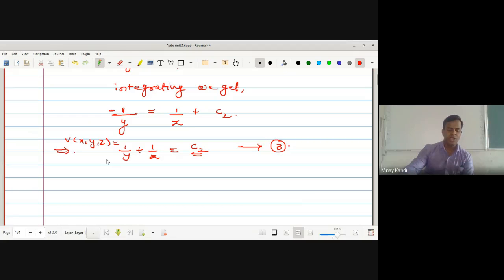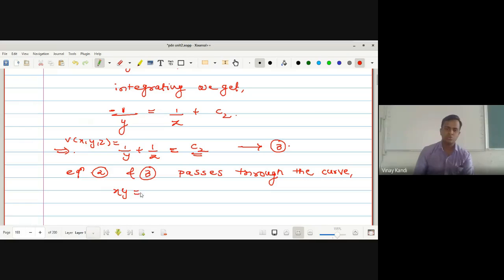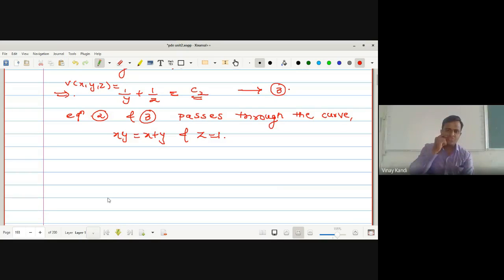Now equation 2 and equation 3 pass through the given curve. Which curve? xy is equal to x plus y and z is equal to 1. Now we have to find the parametric equation of the given curve.